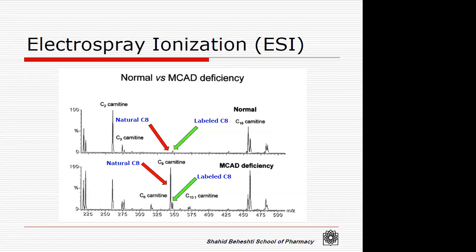But look at the bottom spectrum. At the bottom spectrum, we have labeled C8, again shown by the green arrow, which is pretty small. But the difference is that in this case, we have a very large signal for natural C8 carnitine, which is shown by the red arrow, and it is almost 10 times the labeled one.